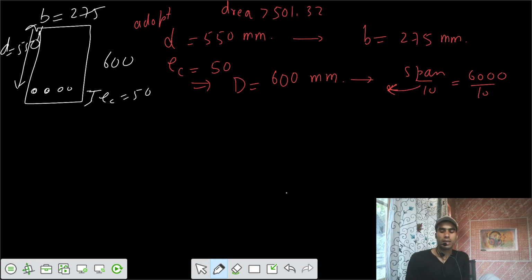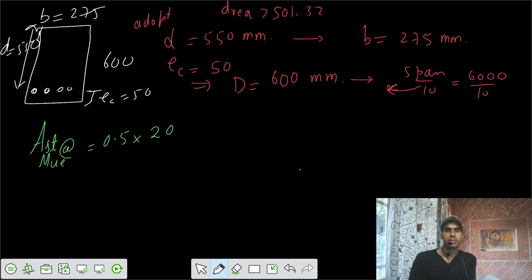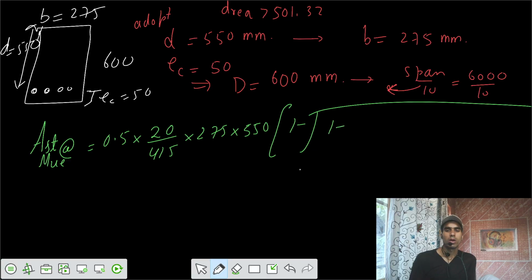And now we need to get the Ast. Let's try to get the Ast. Once we provided D greater than D required, your Ast would correspond to Mu external. The equation is 0.5 fck by fy into b into small d into 1 minus root of 1 minus 4.6 Mu external by fck b d square.